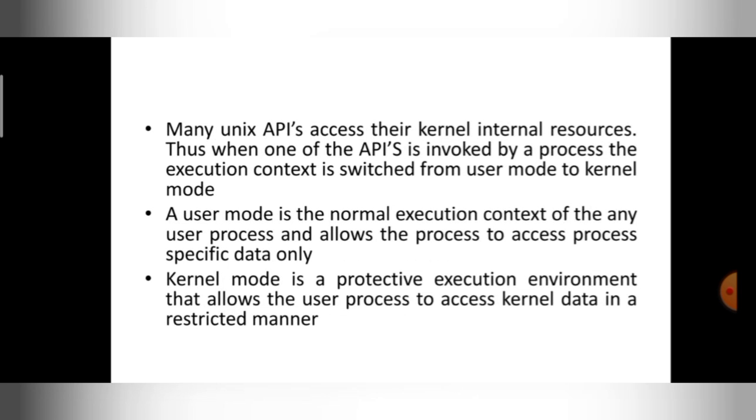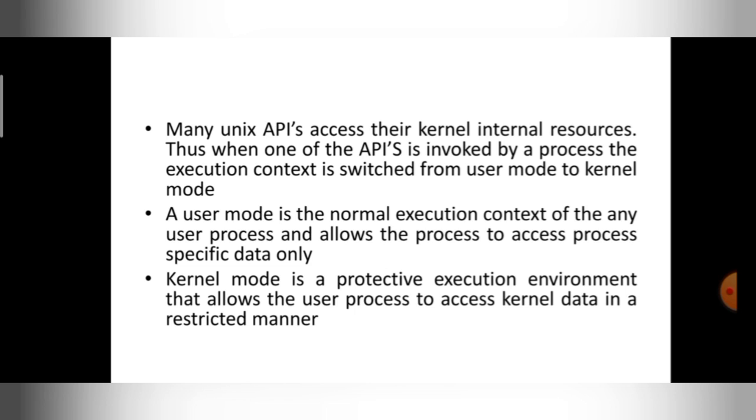One more thing, many Unix APIs access kernel internal resources. Thus, when one of the APIs is invoked by a process, the execution context is switched from user mode to kernel mode. In simple words, when a user application wants to use an API, it has to use the kernel resources.